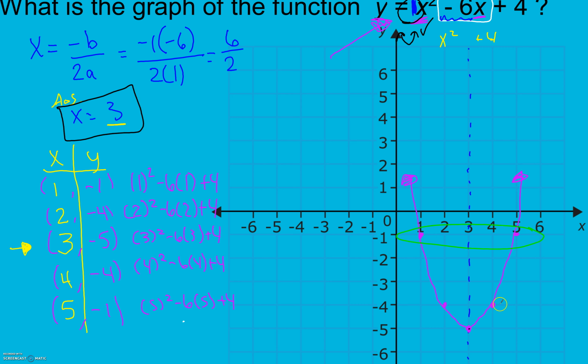So here, the same height, and the same distance away. We went 1 away, up 1, over 2, up 4, over 1, up 1, over 2, up 4. Those points are symmetric, same distance away, 4 away from my axis, 4 away from my axis. So it's symmetric, has the right vertex, and is the right direction, so it looks to be reasonable.